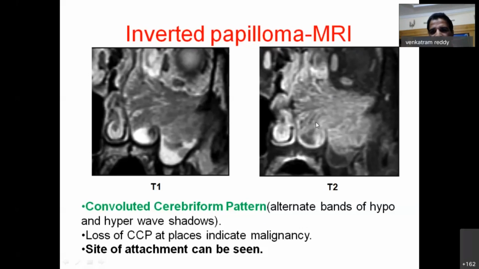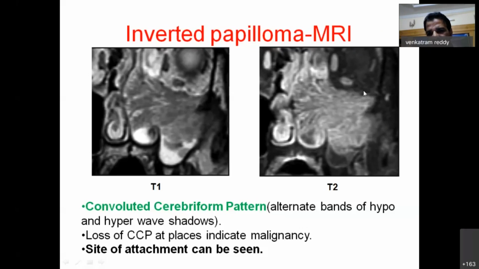You can also see the convolution pattern starting from here, and this is the attachment. So you can make the diagnosis of inverted papilloma by the CCP, and also see the attachment, where the convolutions start and spread from.